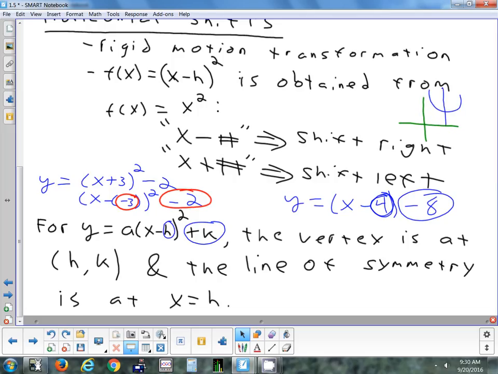Does that affect the line of symmetry? No, because this line really goes forever in each direction. So shifting up and down, the k value has no effect on the line of symmetry. Only thing that affects the line of symmetry is if you shift left or you shift right. And again, we're going to do a few of those.